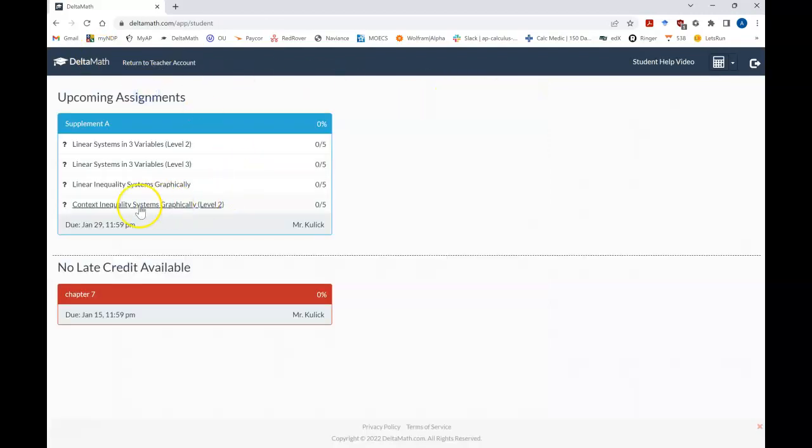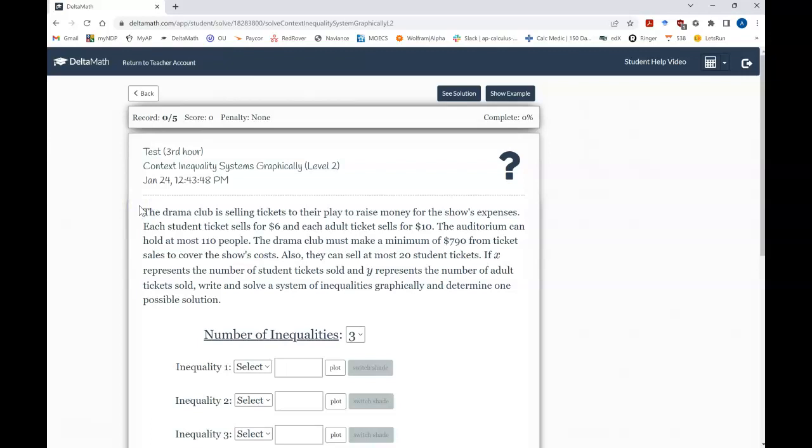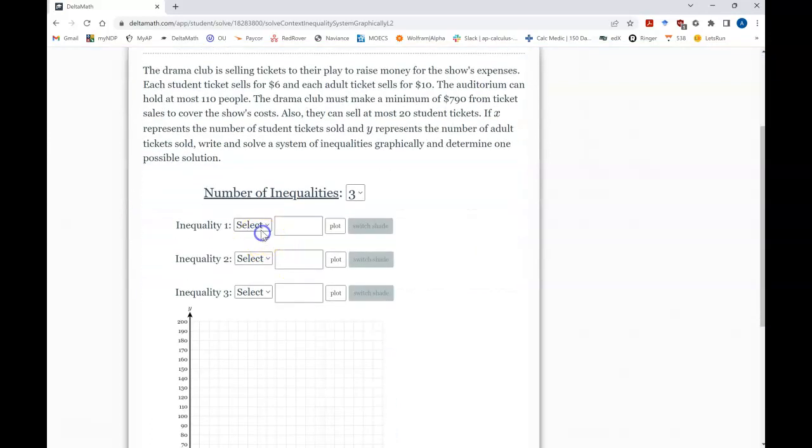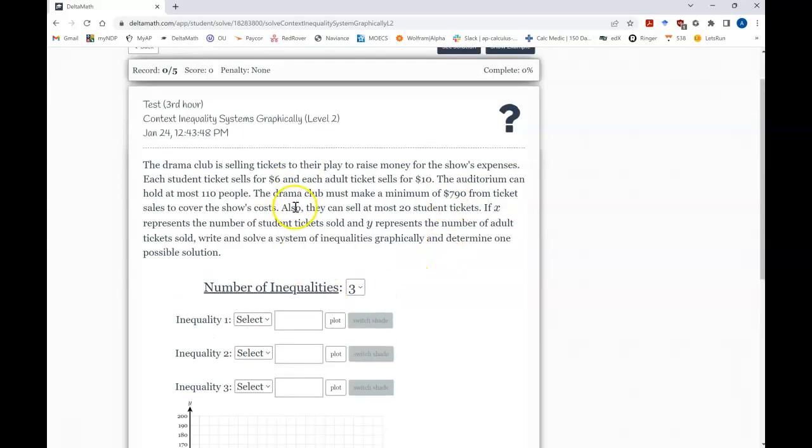And then the last one is you get a story problem. So you have to decide what type of inequality you want. You write the equation, you plot it, you do your shading and your lines and all that. You may need more equations or less equations, but it's all based on the story problem.